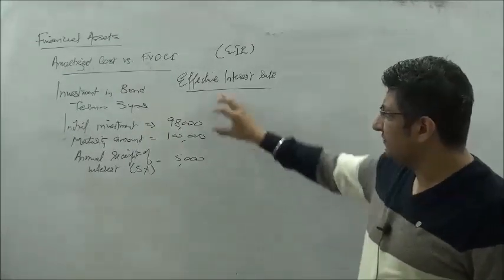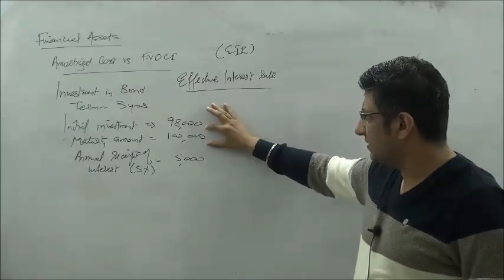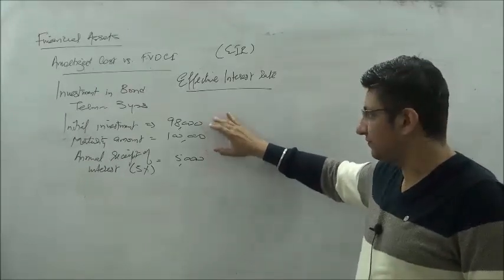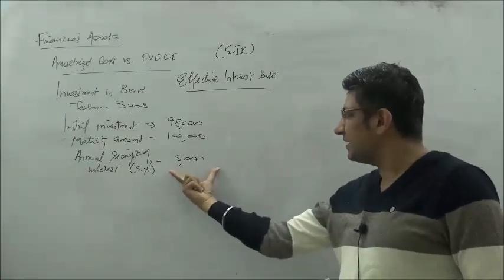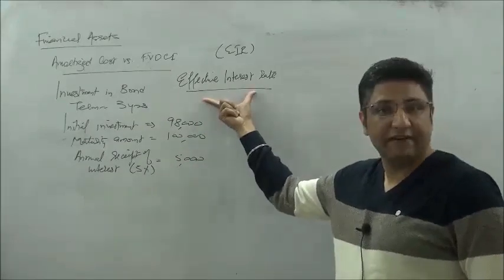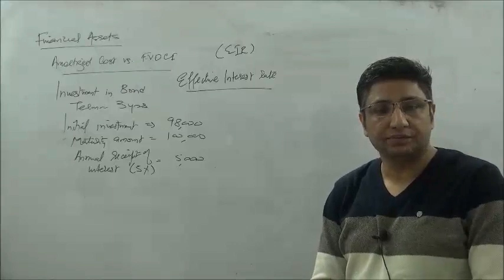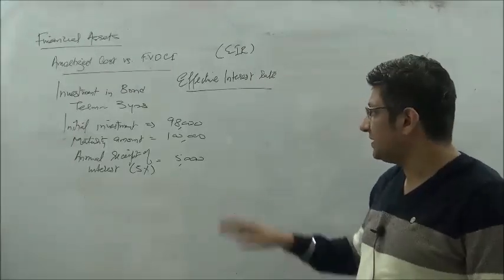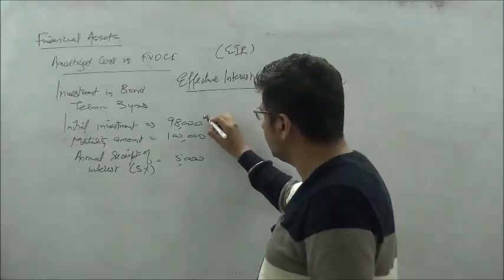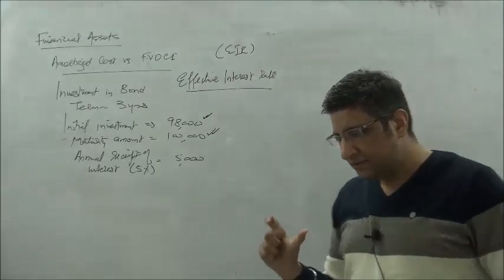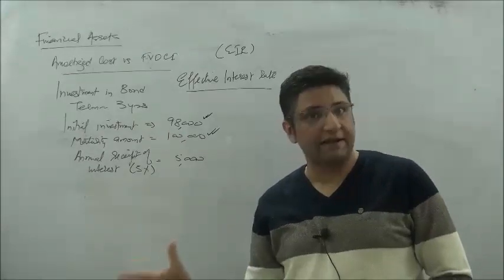Now let's say if this were 100,000 and this is 100,000 as well, and I'm receiving 5,000 plus 100,000 every year, by default my interest would also be my effective interest rate, or of course my internal rate of return. But since my investment is lesser as compared to my maturity amount, I'm sure to receive more than 5%.